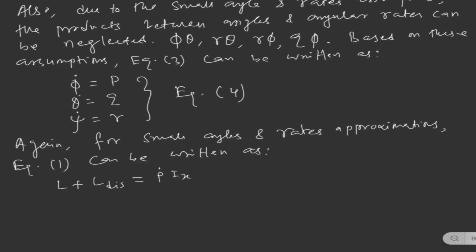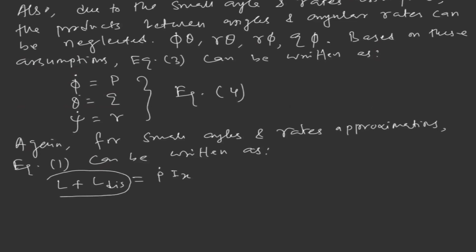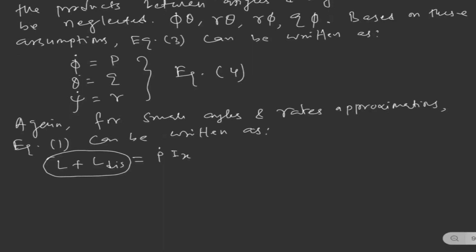So from the first equation in the moment equation, we can write this expression, and this is how it is coming. That is also clear, because we have assumed that the total moment acting in the axis is L plus L disk, where L disk is the disturbance and L is the torque moment given by the controller.